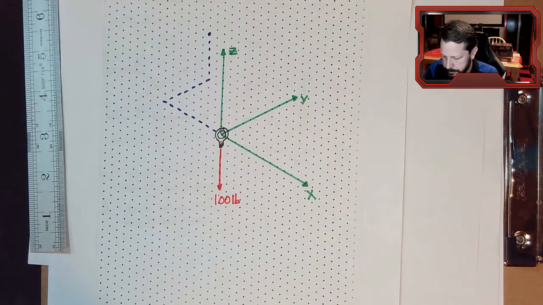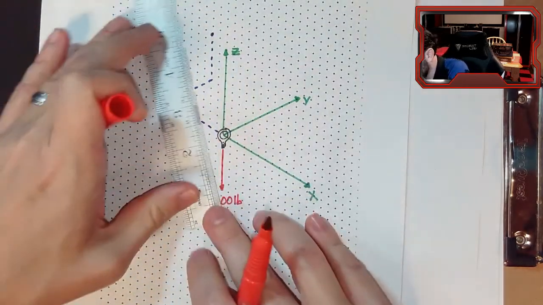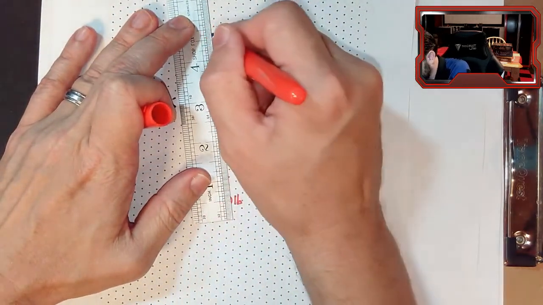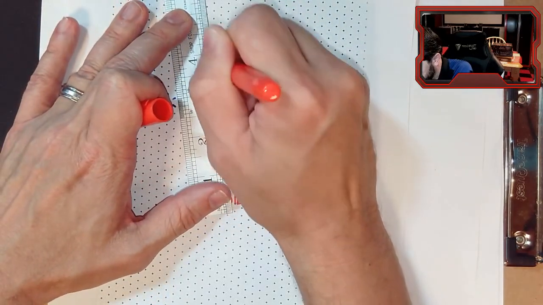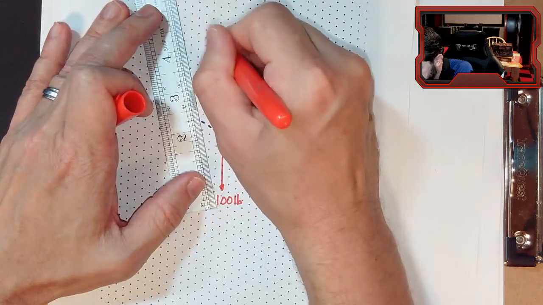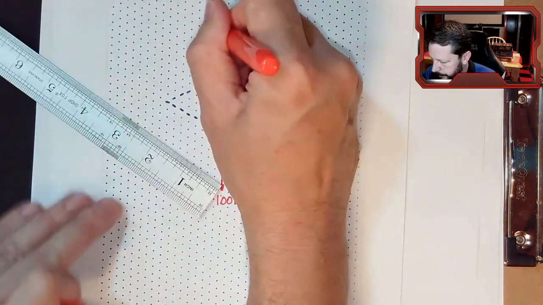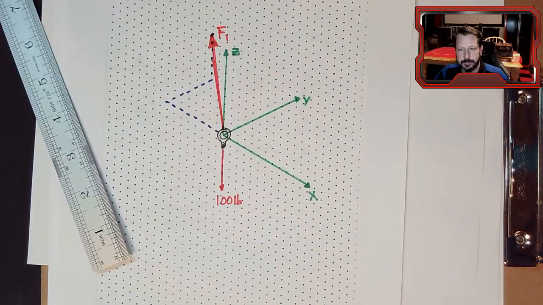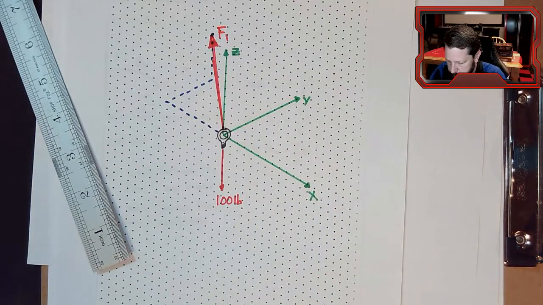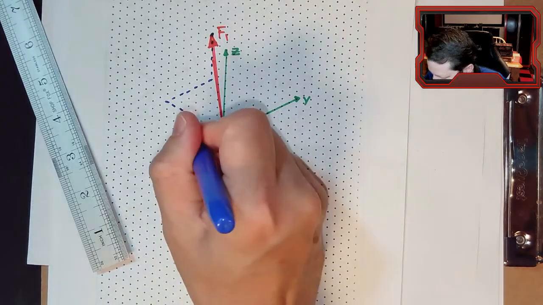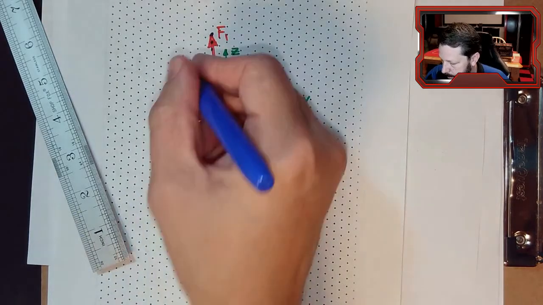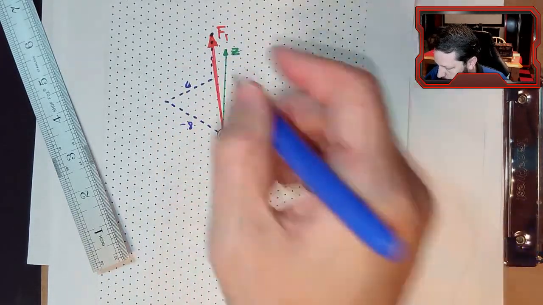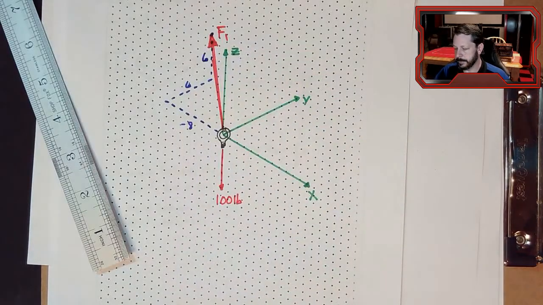So if I were to draw the vector for the force in the rope, it would start at the origin, connected to our little eye bolt, and go out that way. Kind of missed. There we go. We'll call that F1. We don't know its actual magnitude, we just know it's that direction. Oh, and we'll put the coordinates on it. So this was 8, it's actually -8 because it's going in my negative x direction, this was 6 in the positive y, and 6 in the positive z.